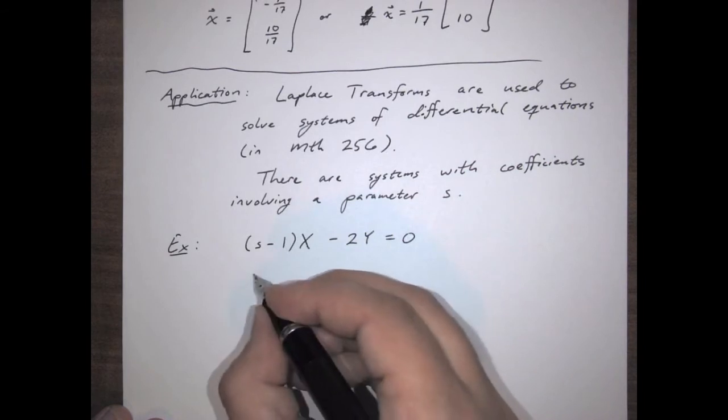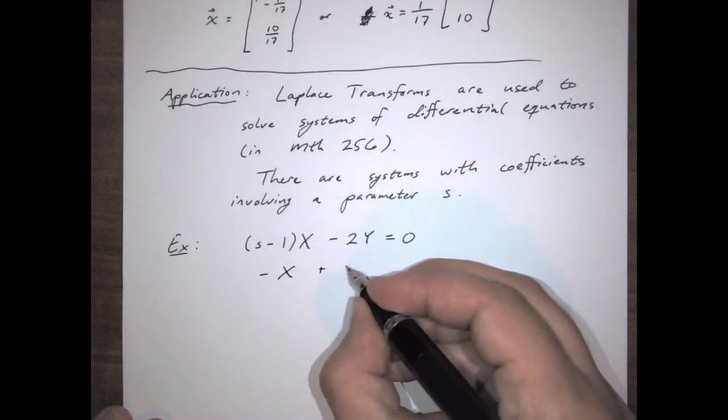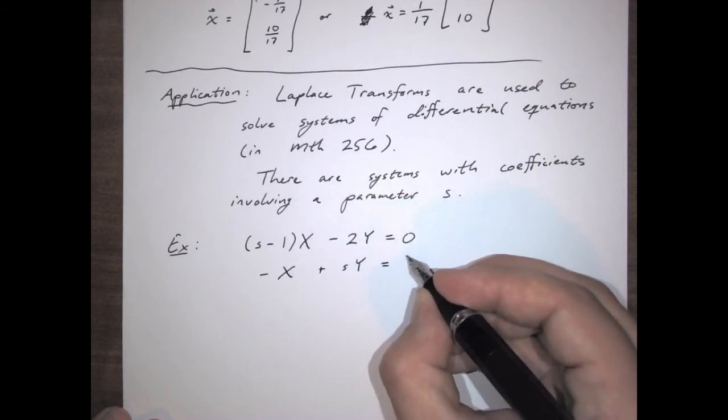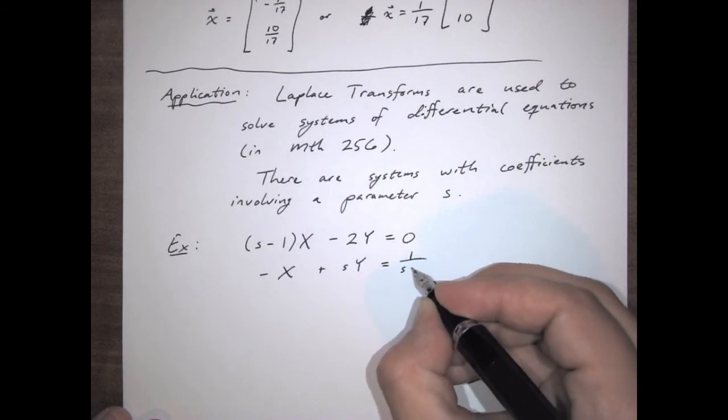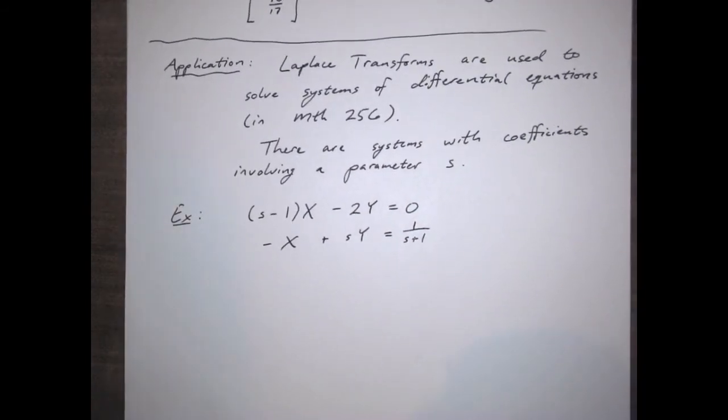And then the other equation would be negative x plus sy is equal to 1 over s plus 1. These are s's, not 5's, s's. So the coefficients of the x and the y, which are the actual variables in this thing, they involve a little dummy parameter of s.